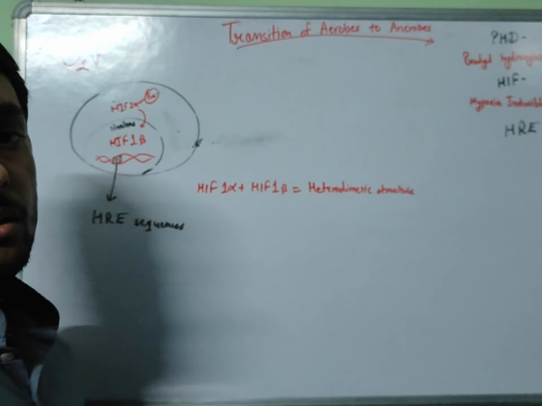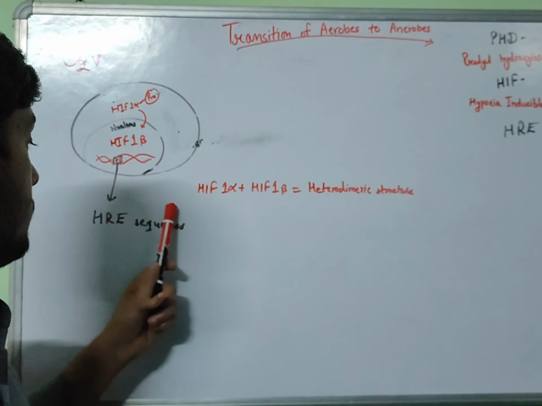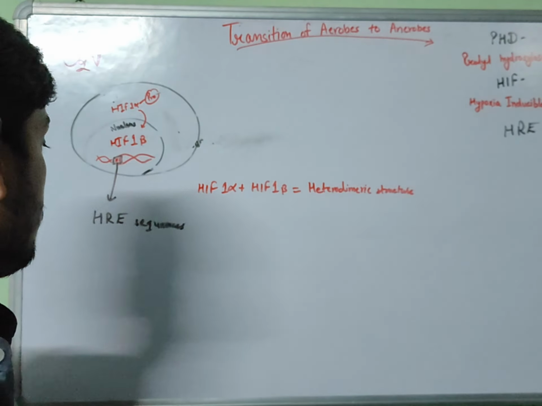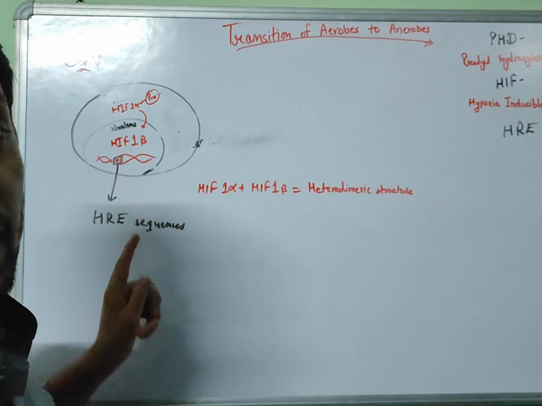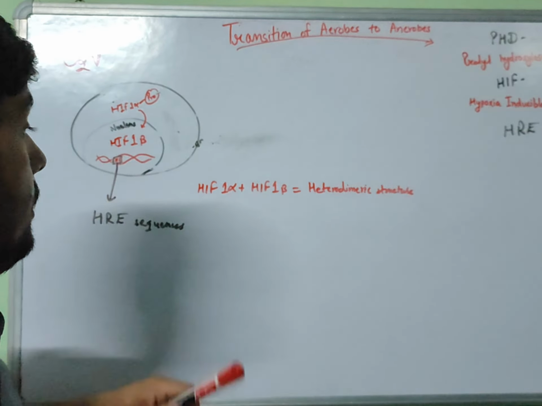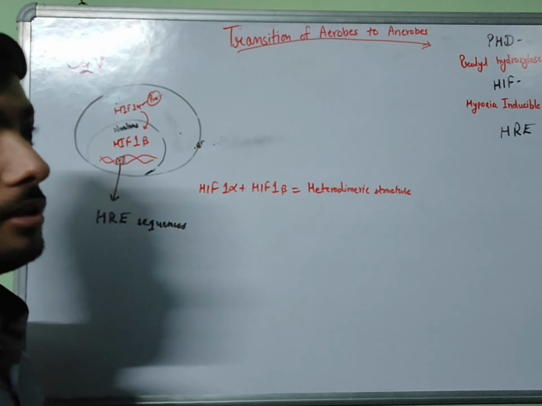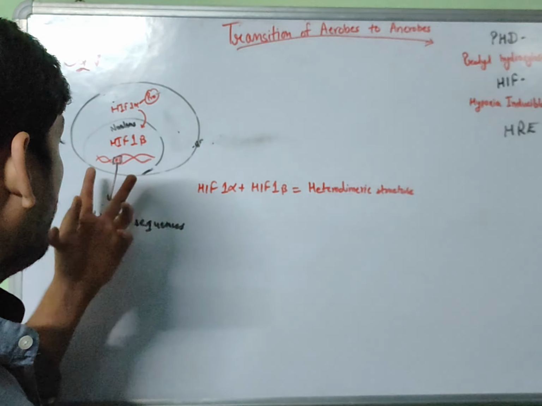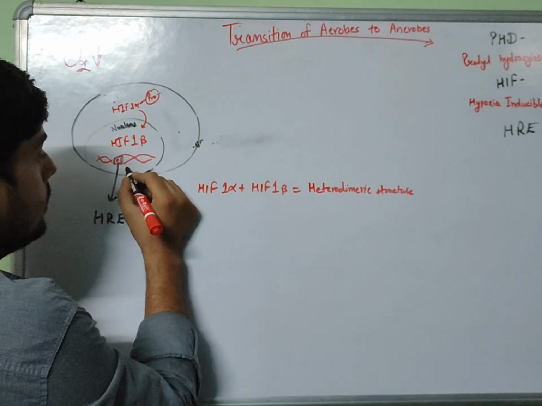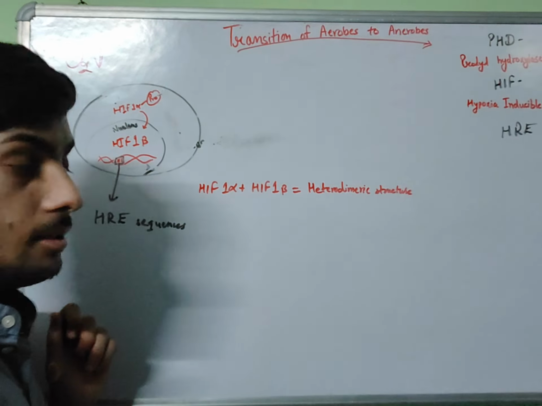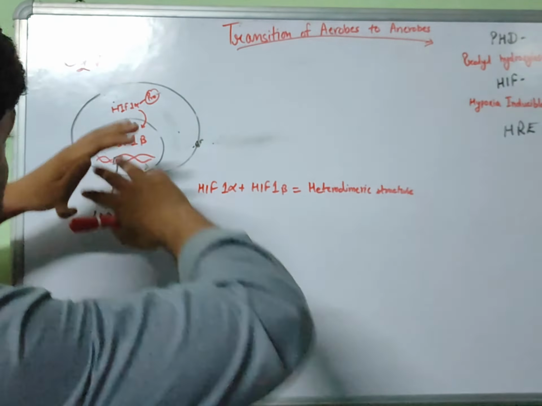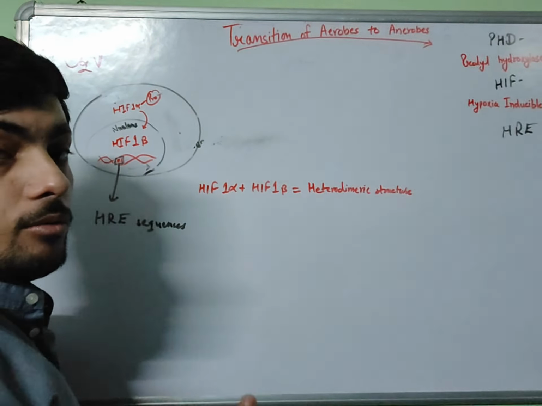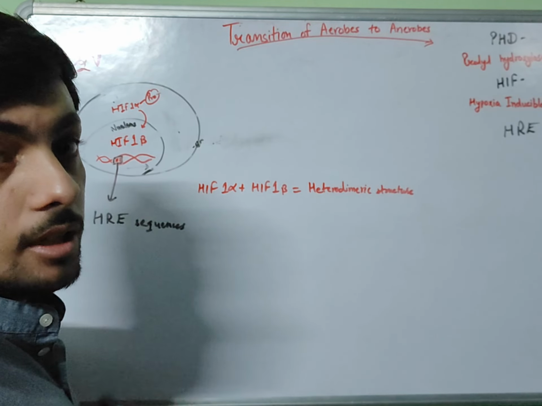This heterodimer will go and bind to the HRE sequence, which is the hypoxia response element sequence, and the DNA will start to transcribe the genes in such a way that this bacterium will convert itself into anaerobic condition.